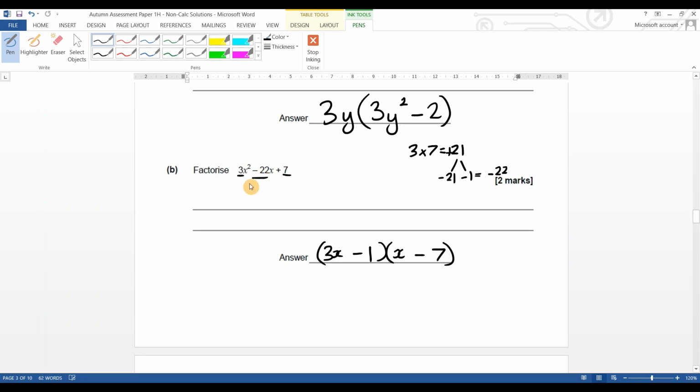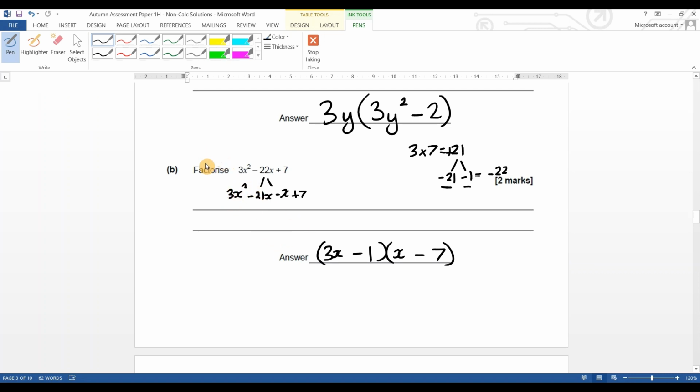So this minus 22, let me just read this out. It's a little bit complicated, but basically you split this minus 22x into minus 21x, which is that bit, and minus x, which is that bit. Yep, you've still got a plus 7 on the end here. You've still got 3x squared here as well.